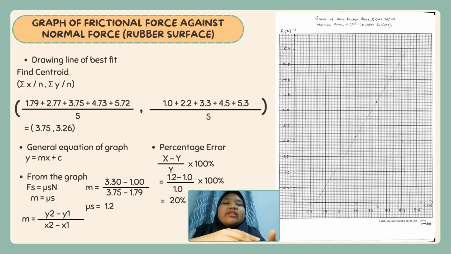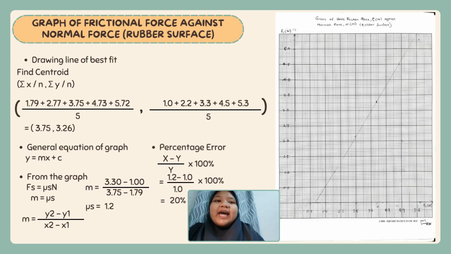Now that is the general equation. But from our graph, since we plotted the frictional force against normal force, we can write it down like this. The formula to find the frictional force is Fs equals the coefficient of the static frictional force times the normal force.